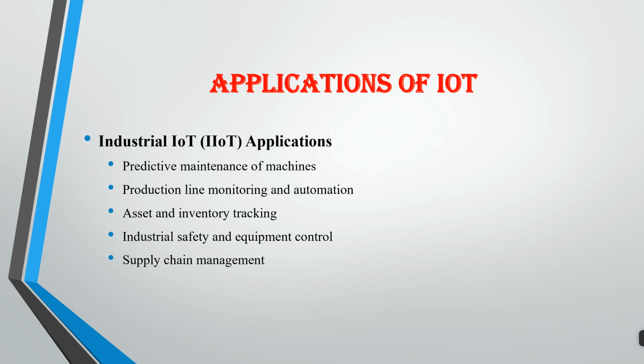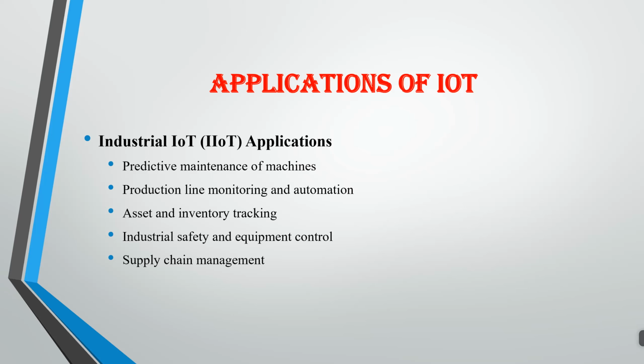Third, applications of industrial IoT include asset and inventory tracking. So we know assets, like a company has different departments.